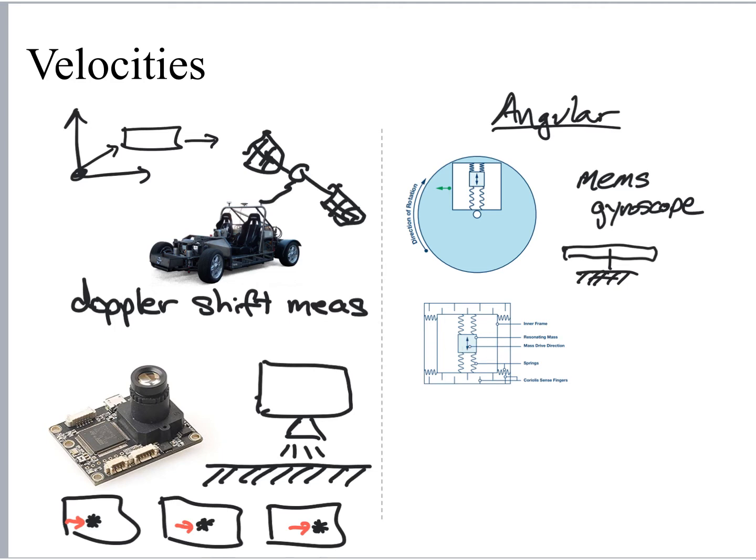And if you see all these little fingers that go between the inner and outer frames, those fingers act as capacitive sensors. So each finger is an electrode. If you have a dielectric medium in between them, including air, you're going to see some signal that comes from the fact that these electrodes are moving closer or farther away from each other. And by doing this, you can correlate that to the amount of, or the rate of rotation that you're seeing from the gyroscope.